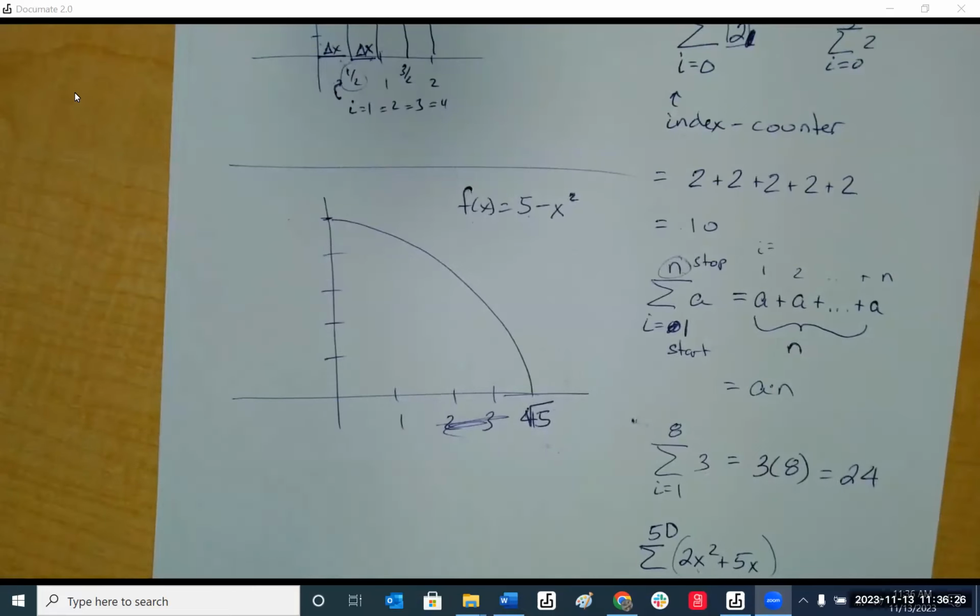There are 3 ways we can approach this. We can inscribe the rectangles.